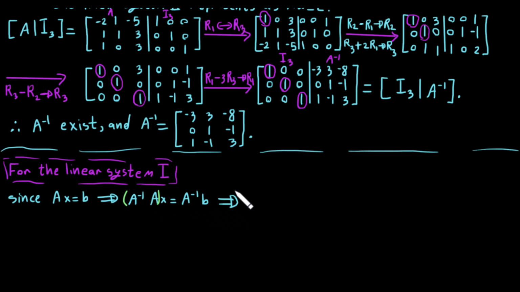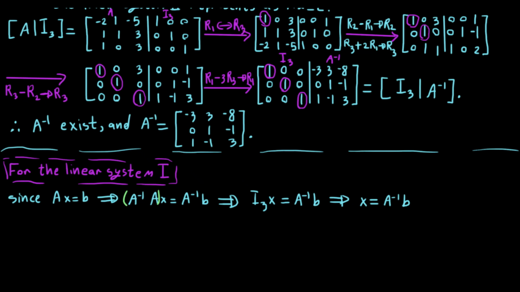So this side will be identity with size 3 because A is 3 by 3, and here x, A inverse multiplied by b. We know that any matrix multiplied by the identity matrix remains the same, so it will not affect anything. So to simplify, it will be just x. Therefore x equals A inverse multiplied by b, because identity will disappear.